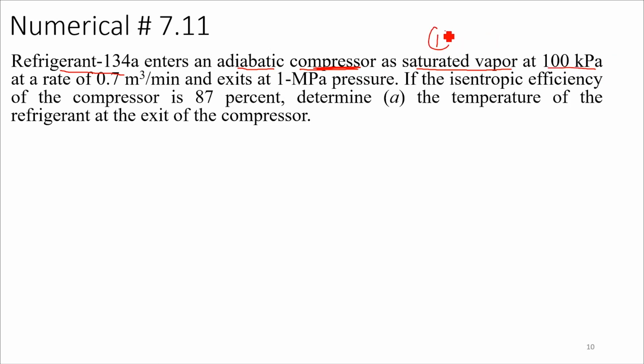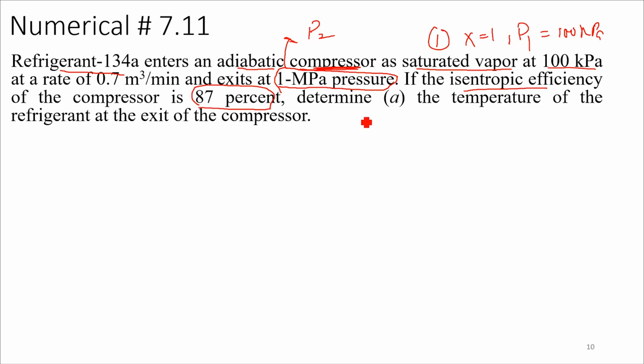So the inlet condition is X equals 1, pressure equals 100 kilopascal, at a rate of 0.7 meter cube per minute and at 1 megapascal pressure. So at the outlet, the pressure P2 is known to you. If the isentropic efficiency is 87%, you have to determine the temperature of the refrigerant at the exit.